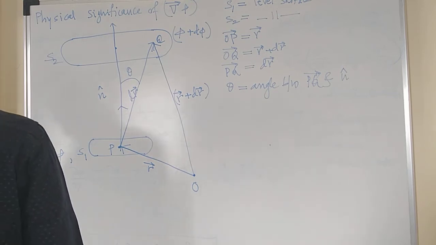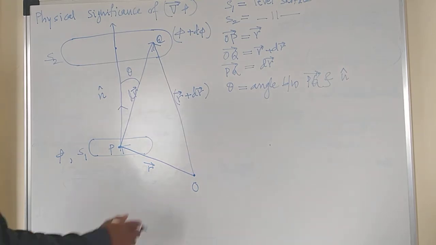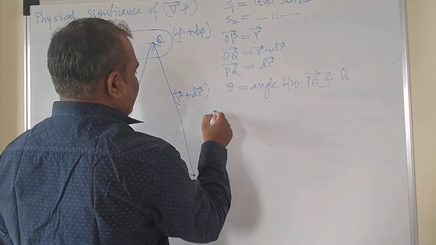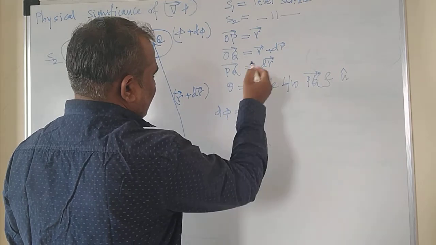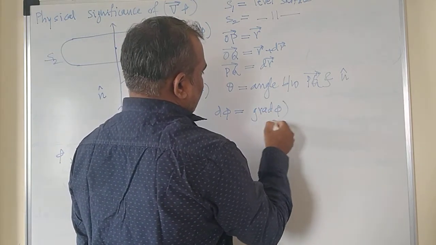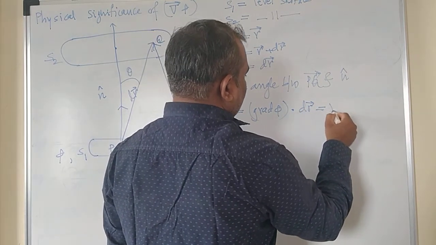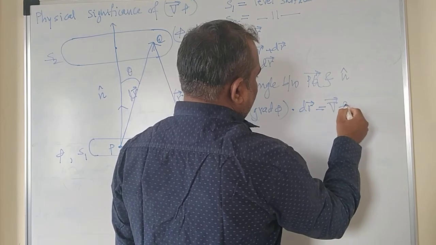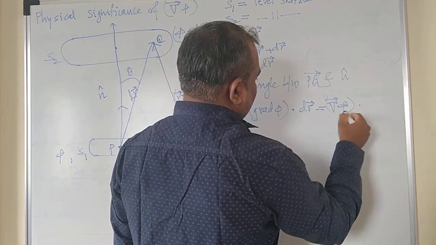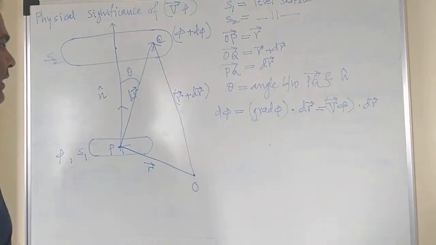And therefore I can say, what is the value of d phi? d phi, just as we have calculated, is equals to grad phi dot dr bar, or this is equals to del phi dot dr bar, isn't it? Right?